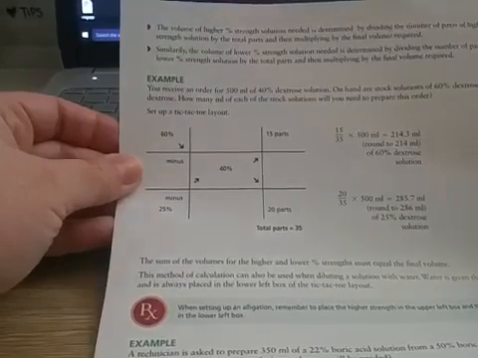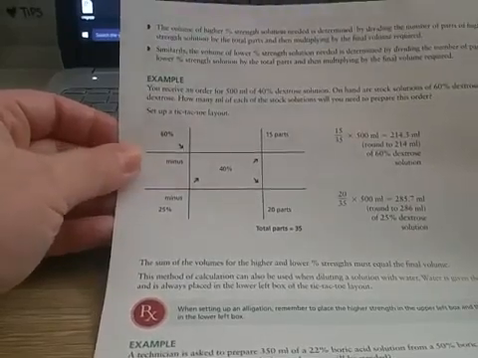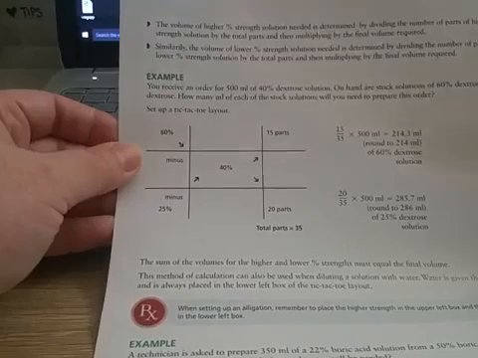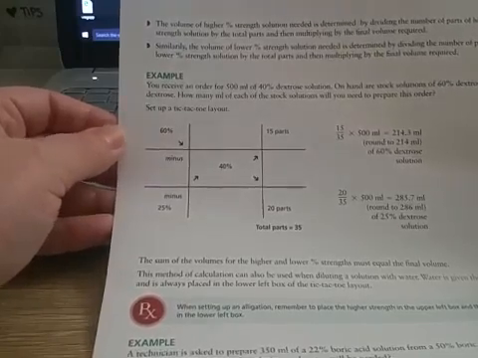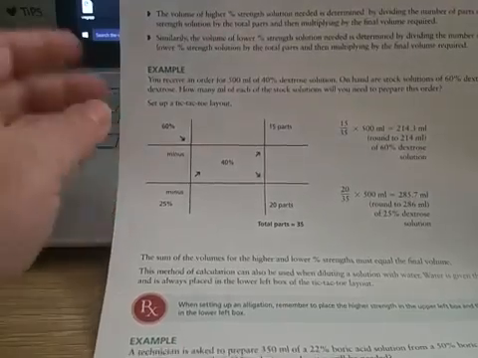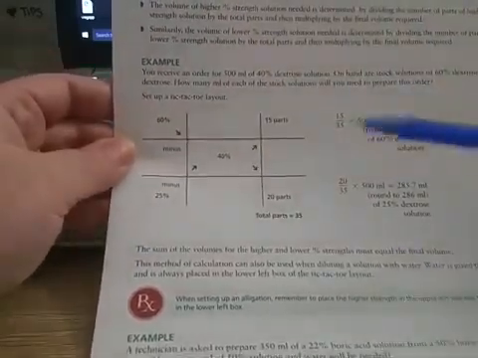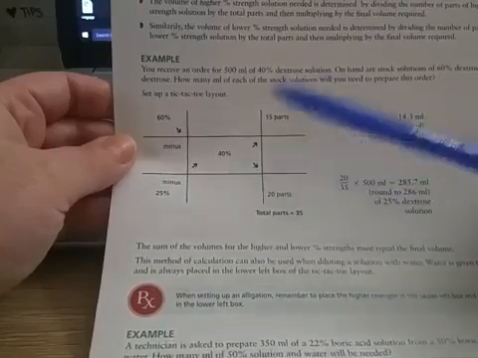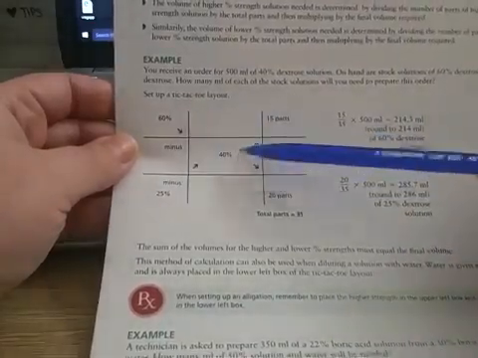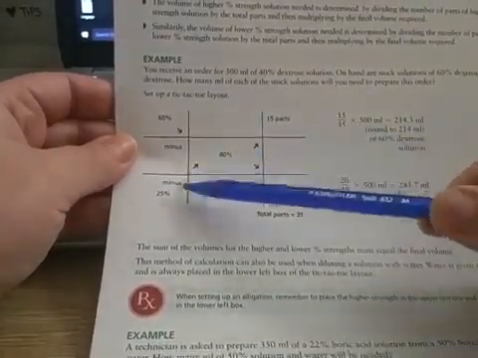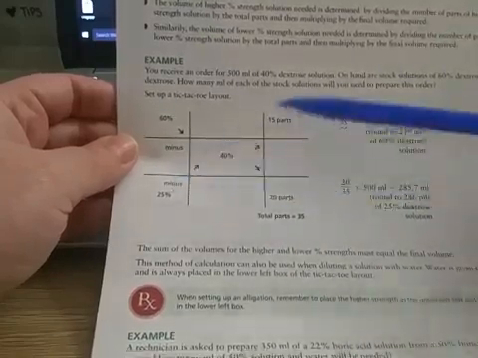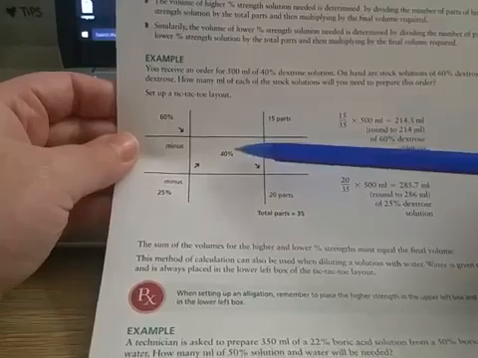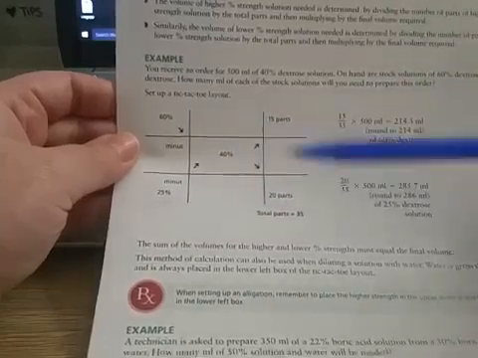The volume of the higher percent strength solution needed is determined by dividing the number of parts of the higher percent strength solution by the total parts and then multiplying by the final volume. For example, we have one here that says 60 minus 40 is 20. 25 minus 40 would have been a negative number, but it's not; it's regularly 15, so you just do 40 minus 25 to get the 15.